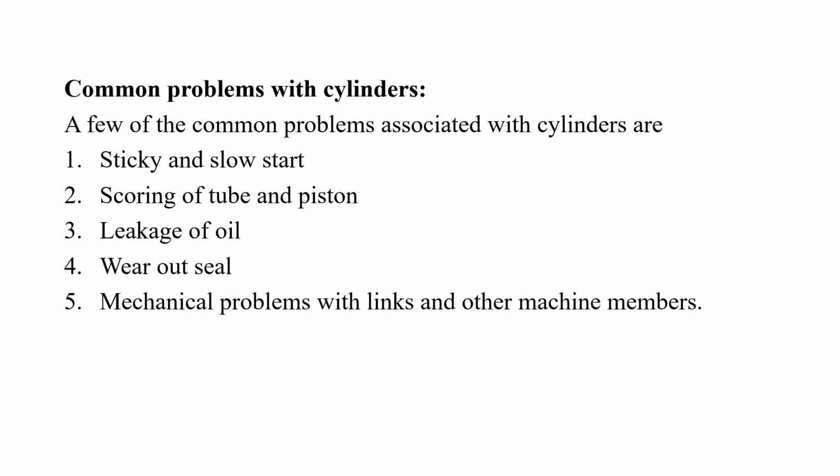So there may be misalignment or other problems associated with cylinders, links and other machine members. These can be rectified and solved very soon. Or if any problem is unsolvable, in such cases these links are replaced by new ones.